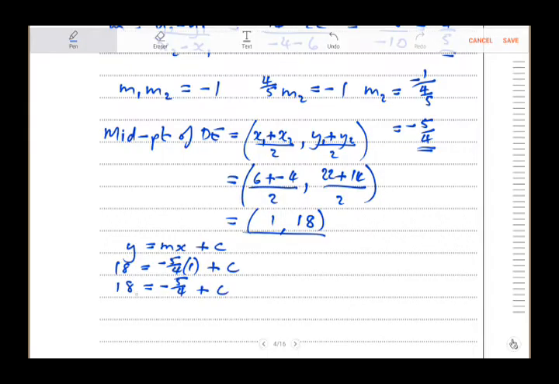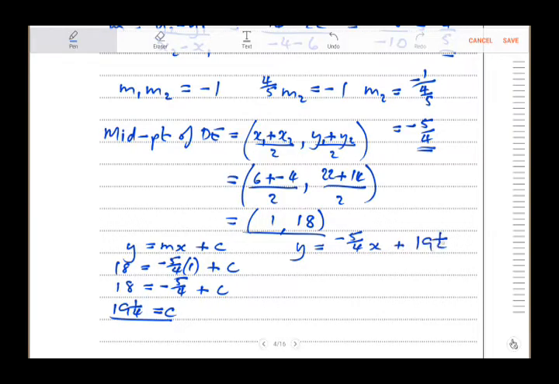Add 5 quarters to both sides. Well, 5 quarters is 1 1/4. Add that to 18, you get 19 1/4 = c. So the equation of the straight line now is y = -5/4 x + 19 1/4.